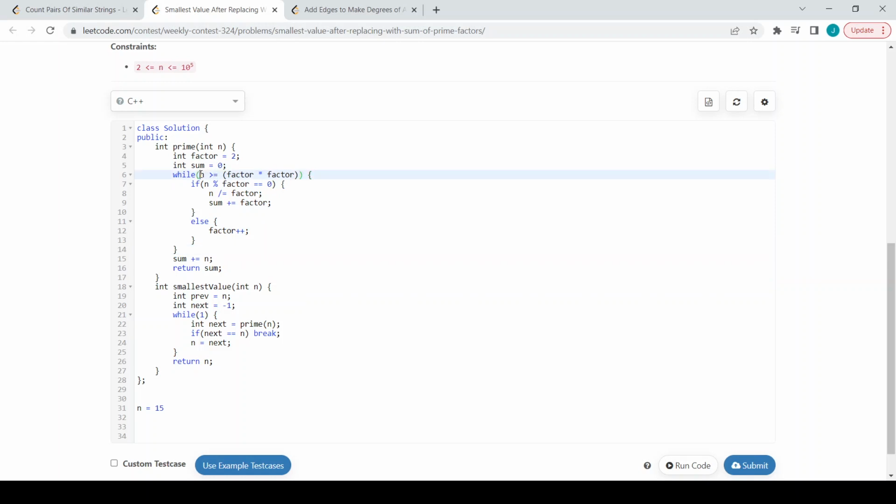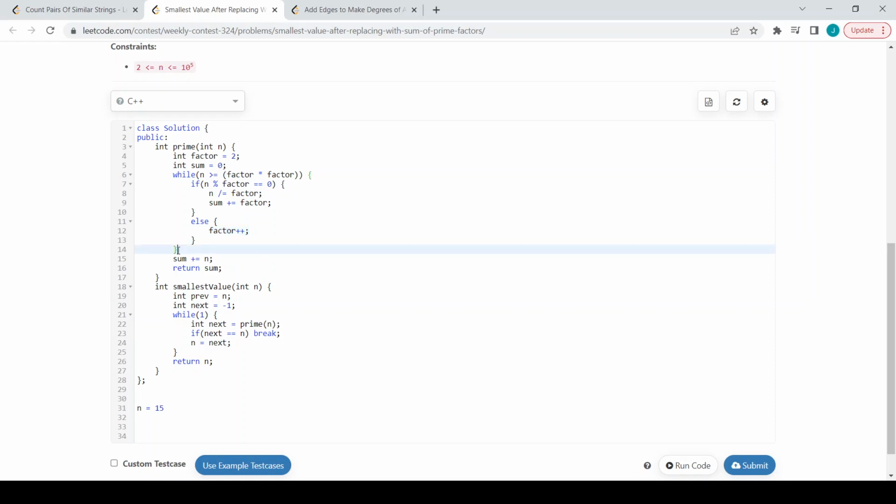You can learn this function because it is useful for finding prime factors. If my n is greater than or equal to factor multiplied by factor, then if n is divisible by that factor, n is divided by that factor, and this factor is added to my sum. Else, if n is not divisible by this factor, I will be incrementing the factor.